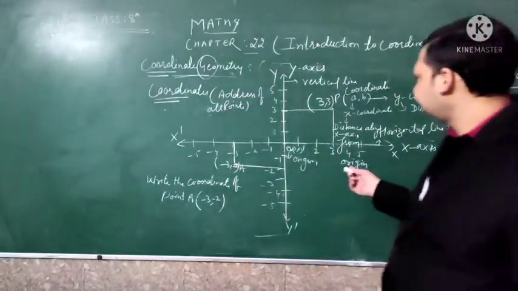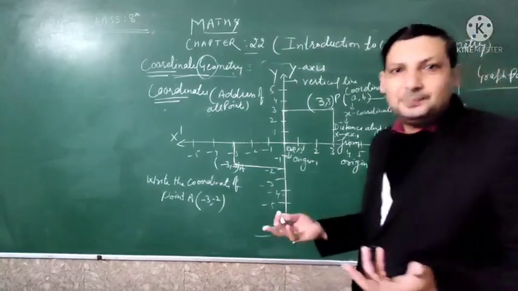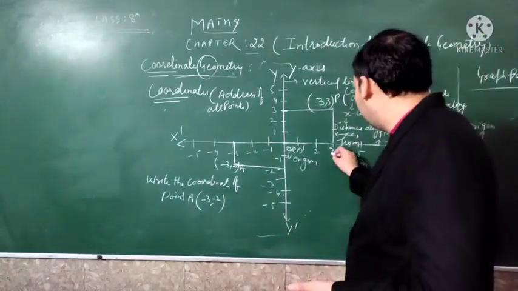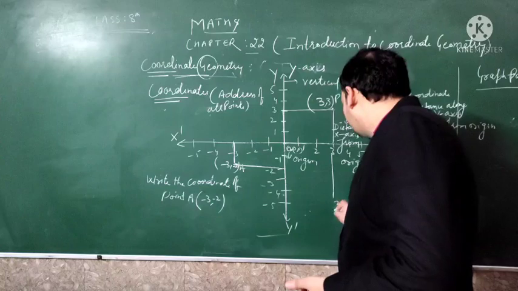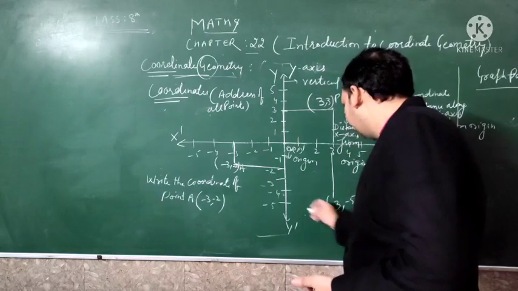Suppose I want to identify any point. Like we have given (3, -5).